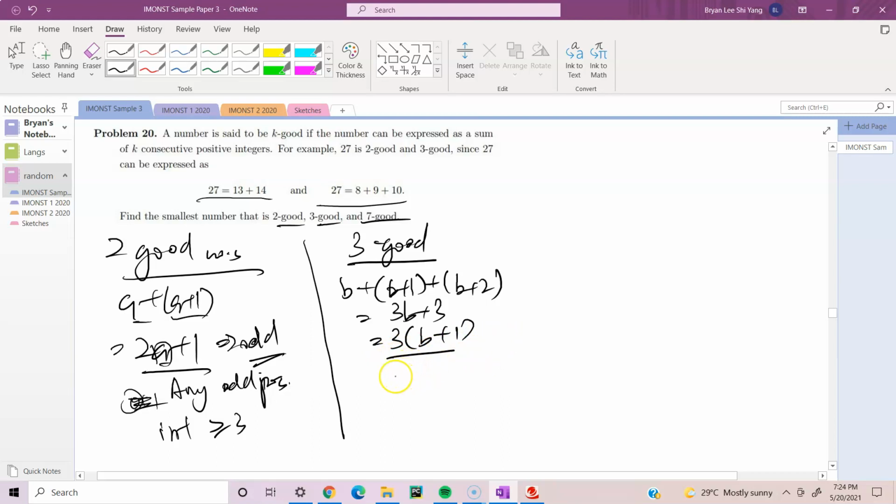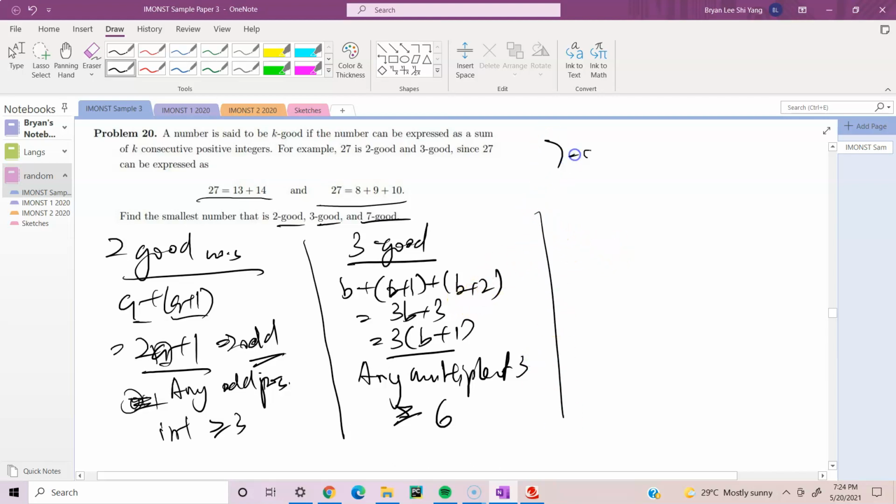In conclusion, we can say that any multiple of 3 is a 3 good number. Of course, since b is at least 1, we would have any multiple of 3 larger than or equal to 6, because 3 is 0 plus 1 plus 2. 0, again, is not a positive integer.